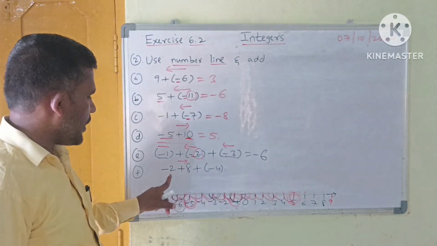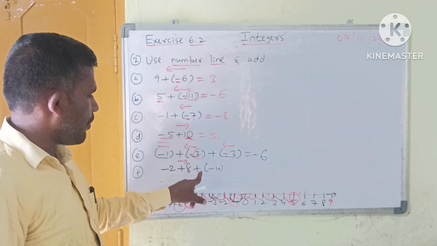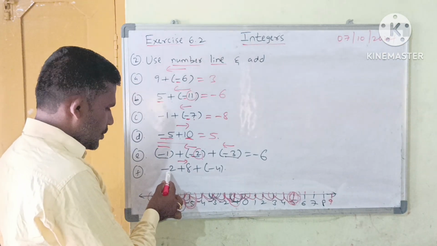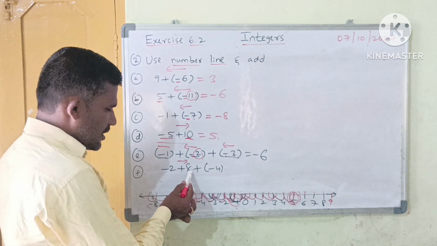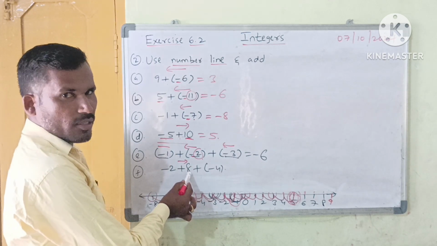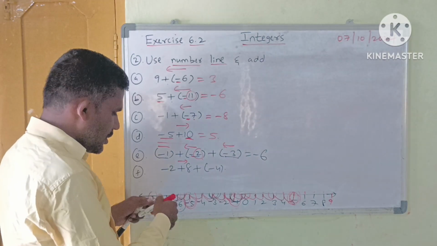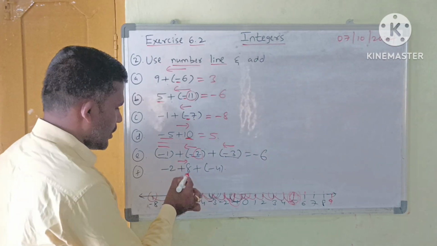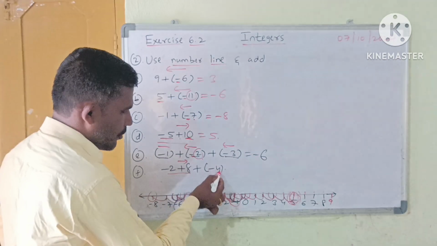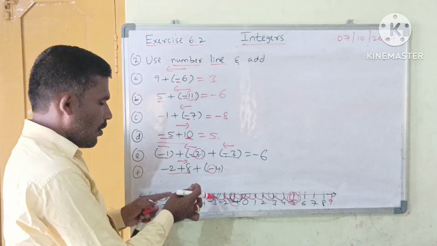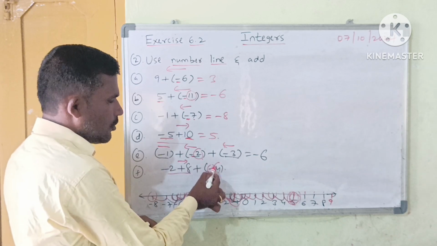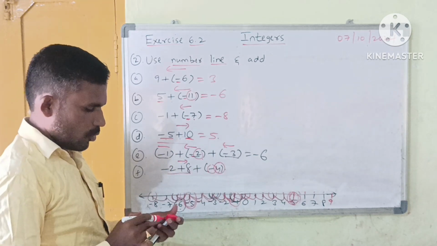From the -2, plus 8, you have to move to right side 8 units. From this result you have to move to left side, because he mentioned the negative. How many units here? 4 units you have to move.